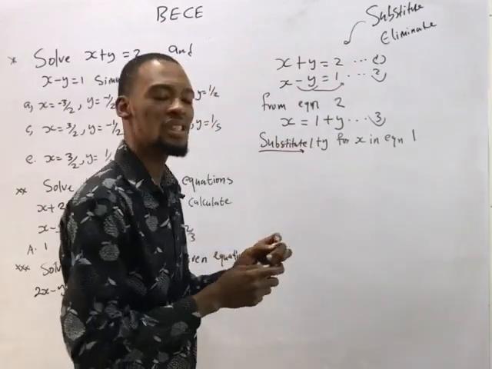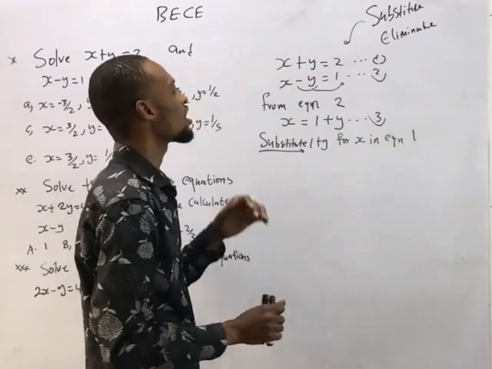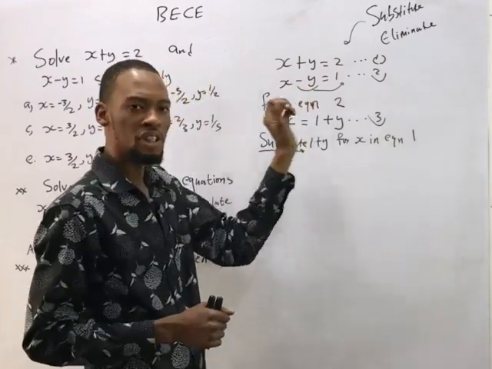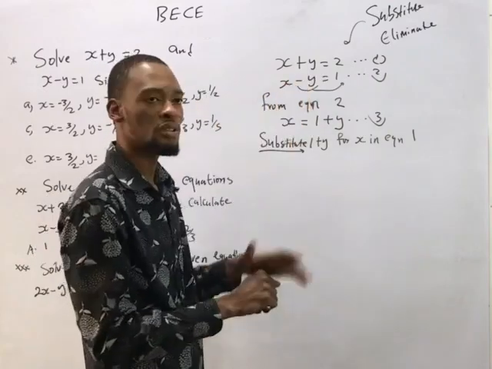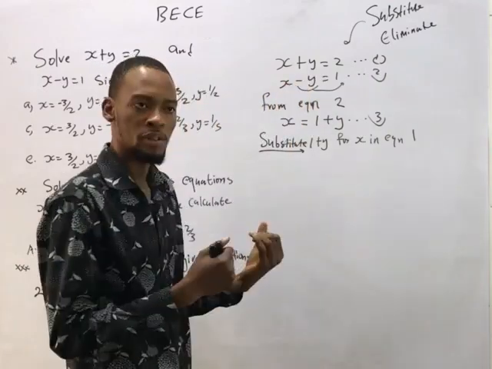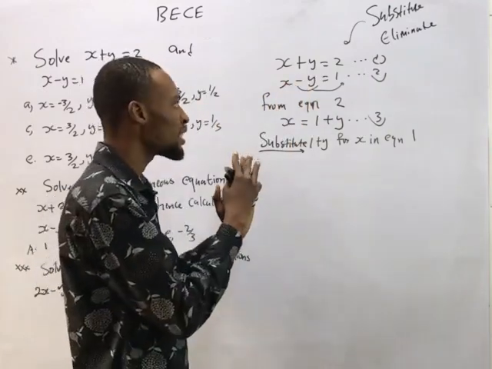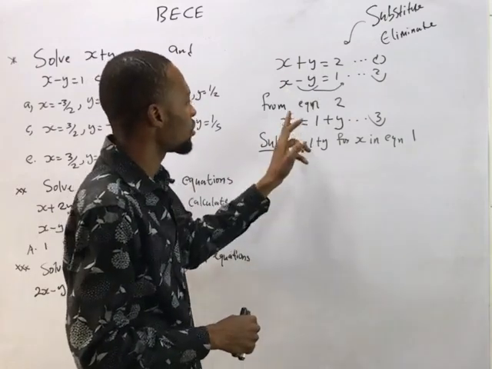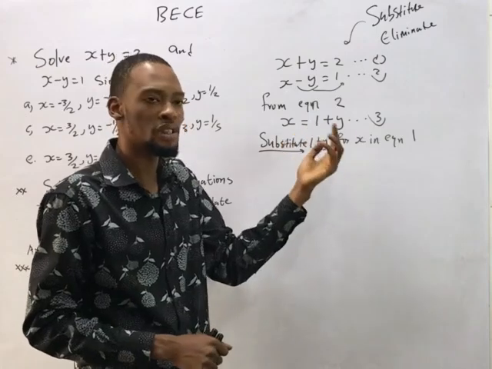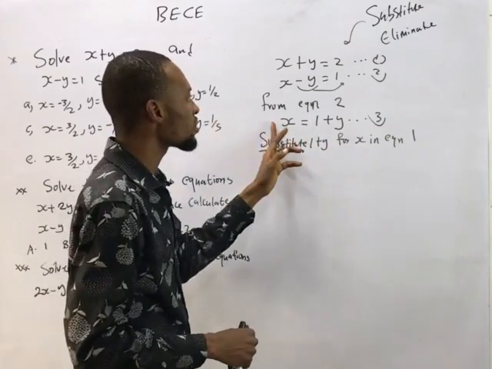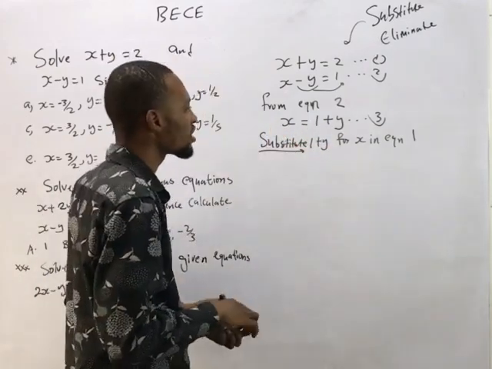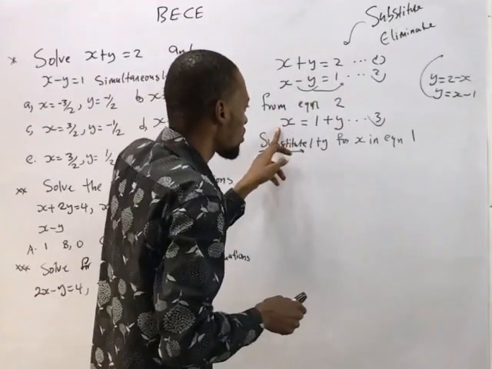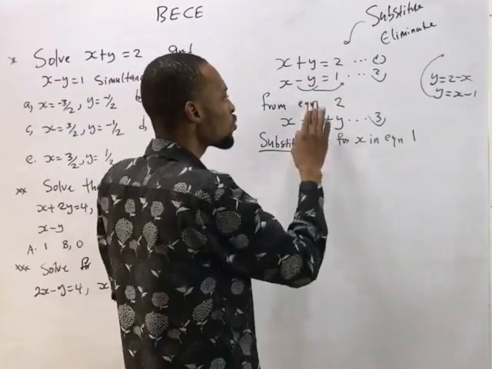So any simultaneous equation you see, and you are solving using the substitution method, what you do is, after numbering the equations, look for any of the equations and make s or y the subject. Whichever one you make the subject first, you get the same answer. So here, I'm choosing equation 2 and I'm making s the subject. I got s is equals 1 plus y. I made s the subject from equation 2.